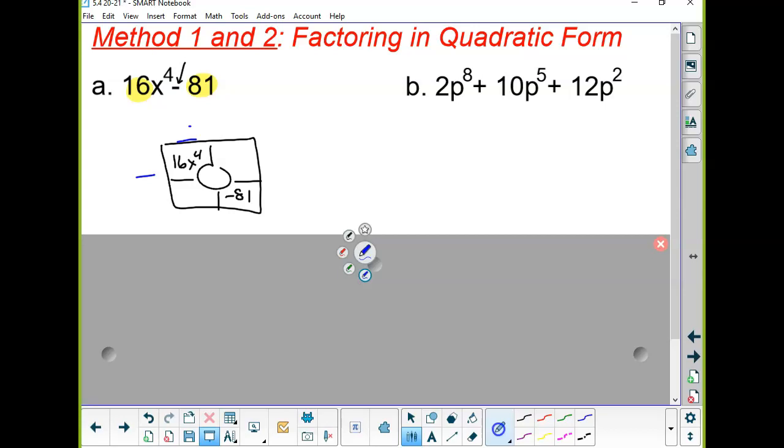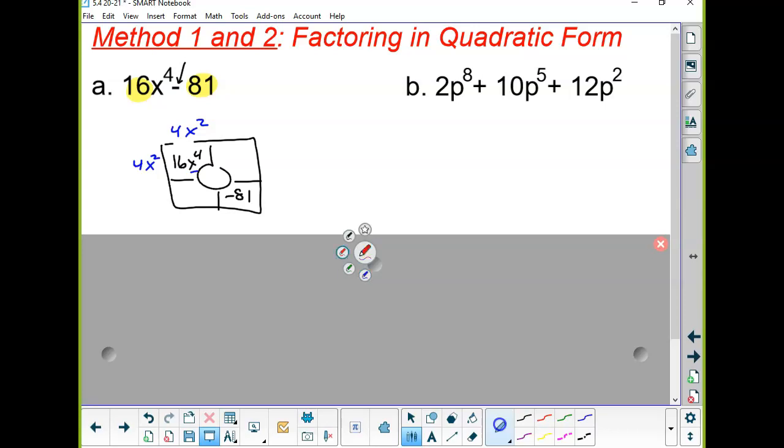So, let me erase those lines. That's kind of messy. So 4 and 4, how do you think we'll get the x squared, or x to the fourth part? X squared here, right? So if that's x squared and x squared, that makes this first box complete.